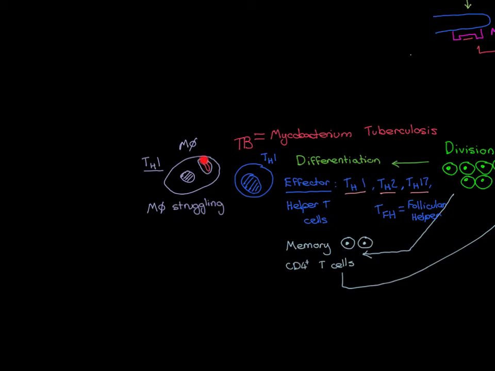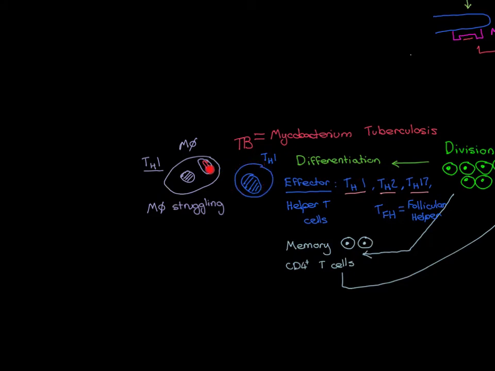So, even though the cell is really struggling to kill the Mycobacterium tuberculosis cells inside the phagosome, it will still succeed in breaking down some of its antigens, and it will break them into peptide fragments and then display them on MHC class 2 on its surface, because it's an antigen-presenting cell. So you'll have this macrophage that's struggling here, covered in MHC class 2 peptide fragment complexes, and one of those may contain the peptide fragment that this T helper 1 cell is directed against.